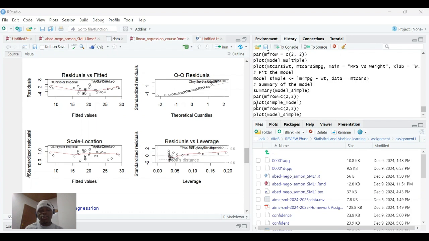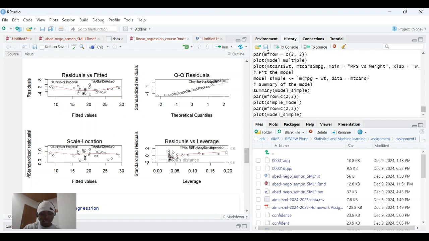Here you see there is some curve, which does not respect what I just said.